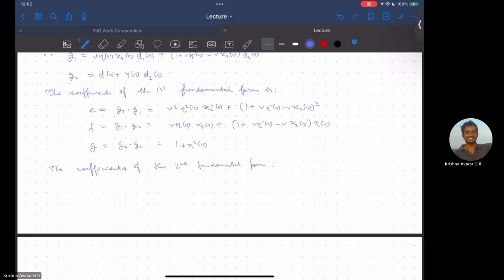L is equal to x_ss dot n, which is the same as minus g1 dot partial n by partial s, and this is going to be equal to minus v eta of s kappa 2 of s kappa 3 of s kappa 1 of s.